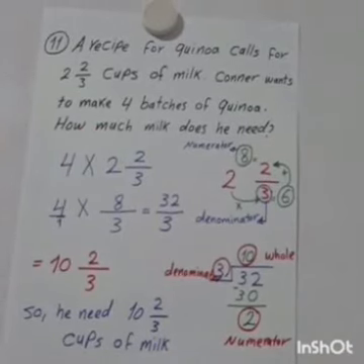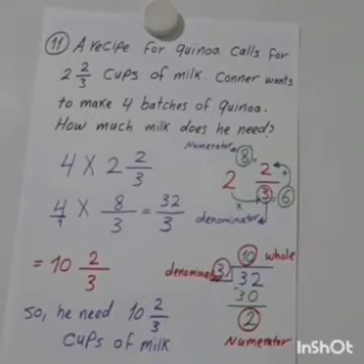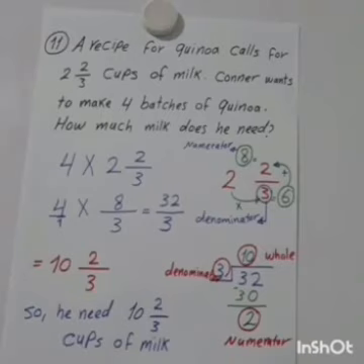Number 11. A recipe for quinoa calls for 2 2/3 cups of milk. Connor wants to make 4 batches of quinoa. How much milk does he need? So he told me he needs 2 2/3 to make 4 batches. How much milk does he need now?